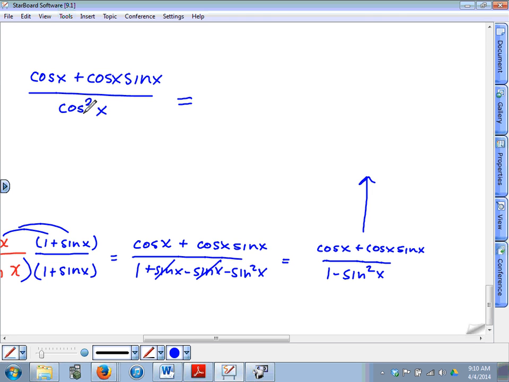But because the denominator is a single term, you can separate this into cosine of x over cosine squared of x plus cosine of x sine of x over cosine squared of x. Because if you were to combine these two back into one fraction, wouldn't you end up with this anyway? Why separate? Now, let me explain why separating was such a good idea.